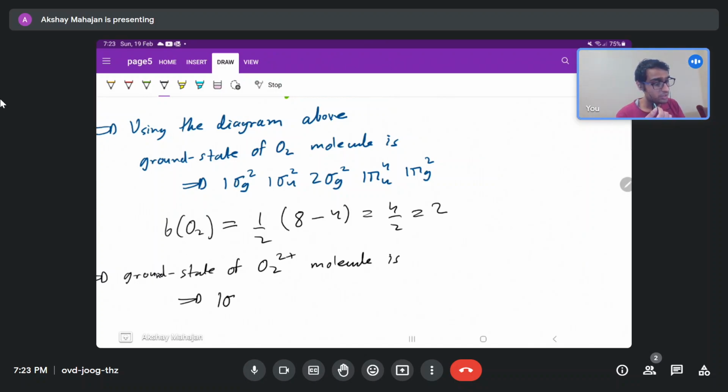O2 molecule has 12 valence electrons. For O2 2 plus we will have 10 valence electrons.